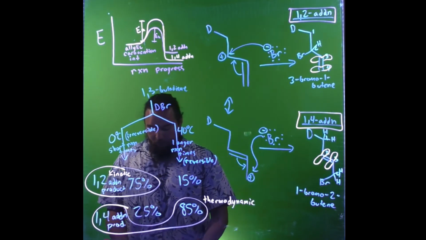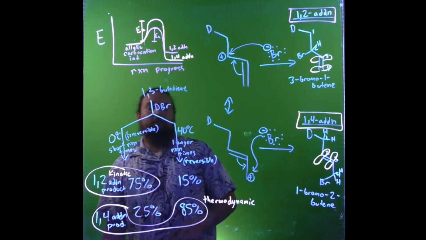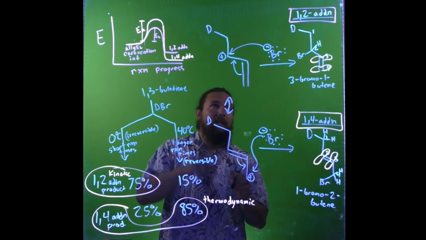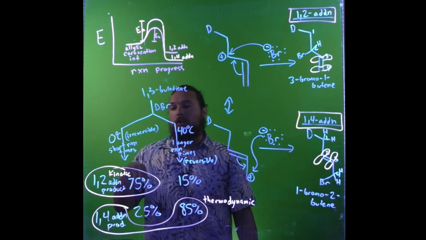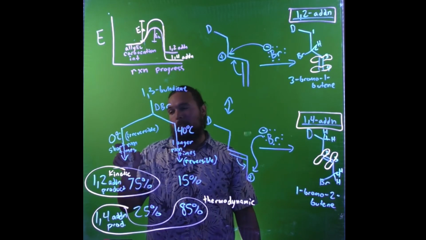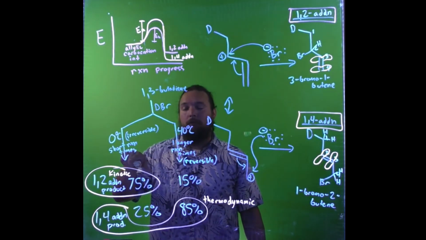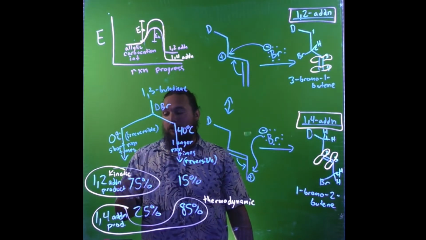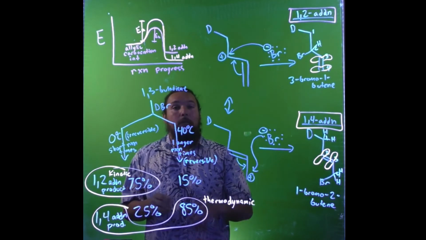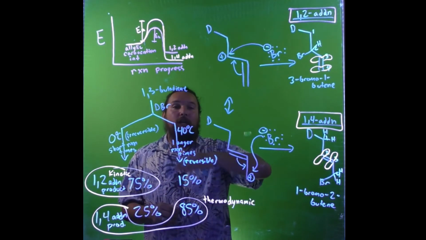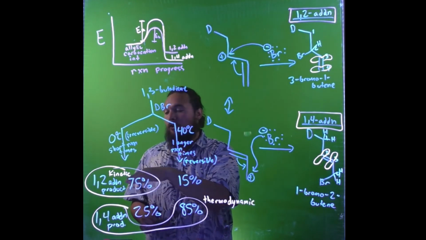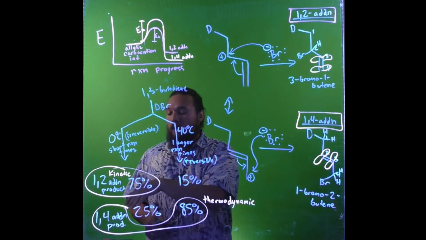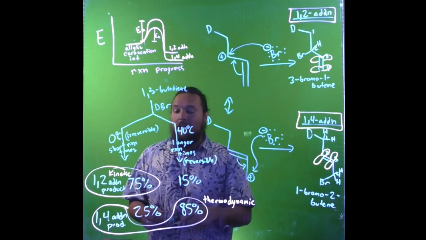Another study that further confirms this is if you were to do this reaction under kinetic conditions, low temperature and shorter reaction times, you'll see the major product being the 1,2 addition product. But if you take those products and heat them up to a higher temperature, you'll actually see the ratio of 1,2 to 1,4 shift.